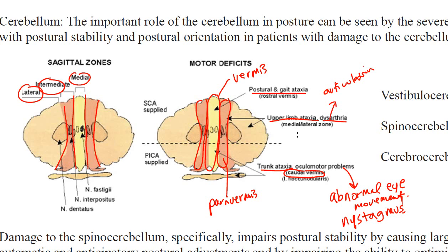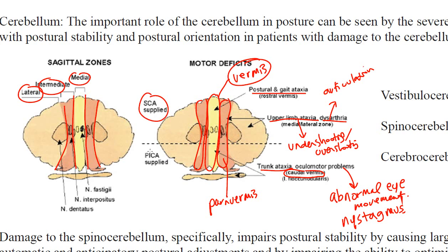And upper limb ataxia can also be seen as undershooting or overshooting the target when using the upper limb. So the motor deficits related to postural control are mainly at the vermis.